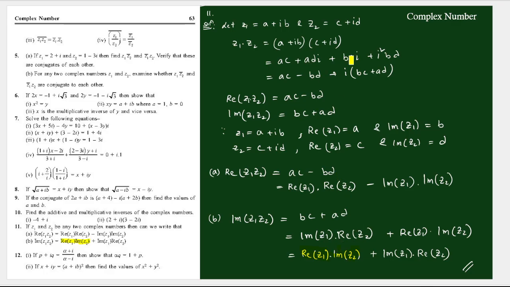If we write it in order, then only it will be better. I exchanged the place, that is why again I need to rearrange. Imaginary part of z1, imaginary part of z1, then real part of z2, real part of z2. Fine.